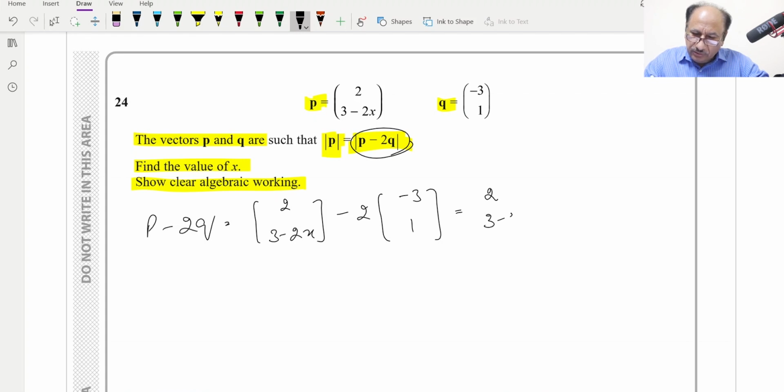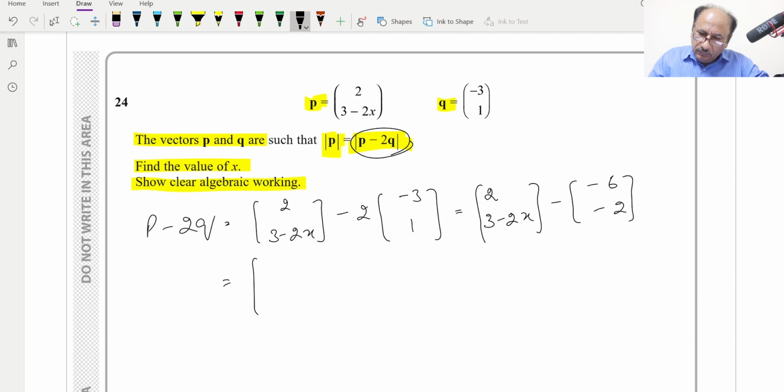we can rewrite this like 3 minus 2x, and this minus 2 will be multiplied inside, and we can write this one as minus 6. So this will be minus 6, and this will be minus 2, and then we can write in one column. So 2 minus minus 6, and this will be 3 minus 2x, and minus minus 2.